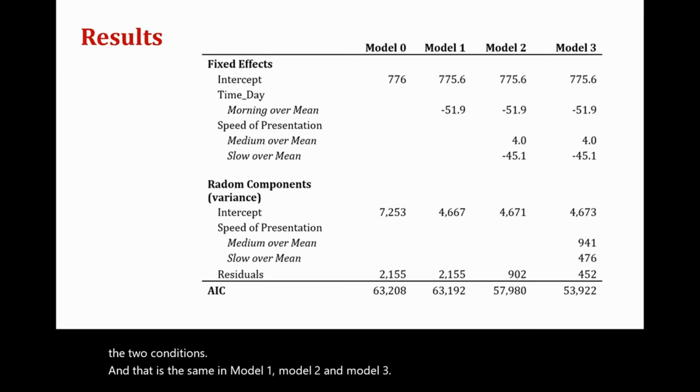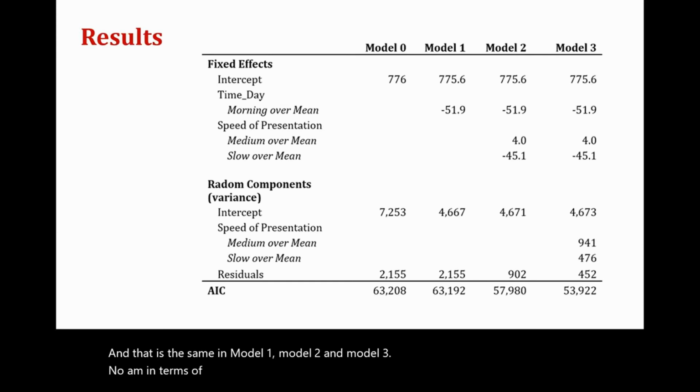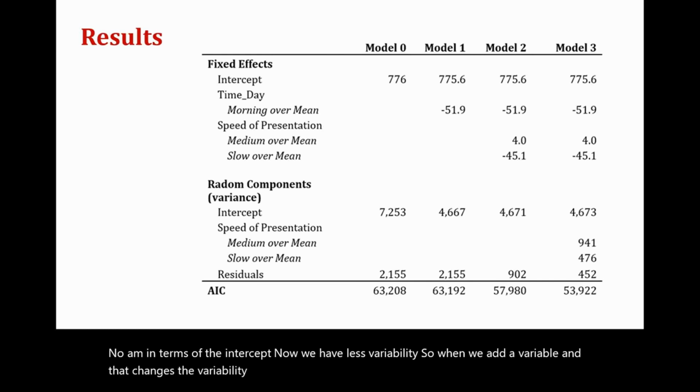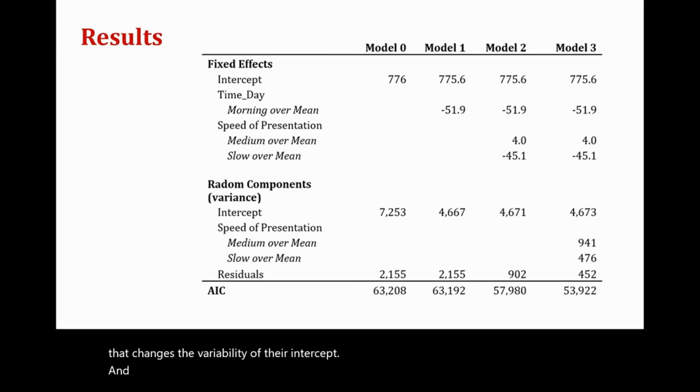Now, in terms of the intercept, now we have less variability. So when we add a variable, that changes the variability of the intercept. So instead of 7,253 in model 0, we've got 4,667. And the residual is the same, 2,155. Now, what happened to the AIC? 63,192.